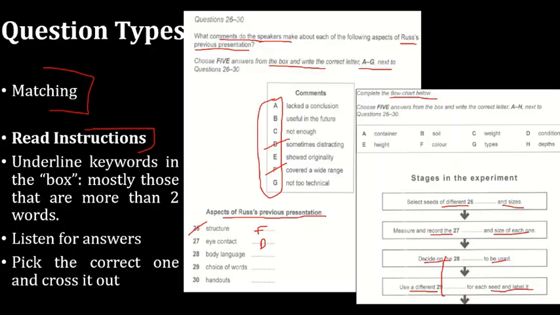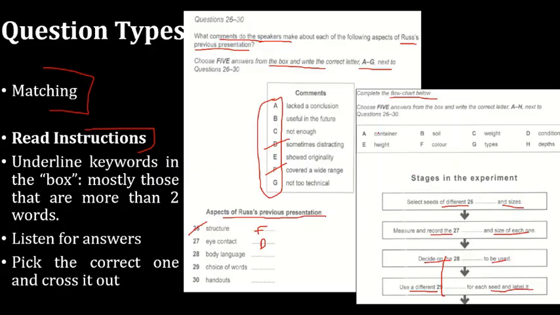So we can anticipate some of the answers. However, we have to be sure that what the speaker is saying is what we are opting for in this kind of flowchart matching type of questions. Okay, so that's how you go about it.